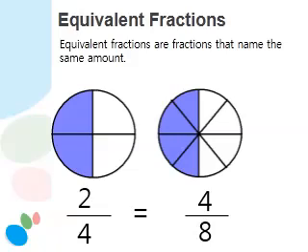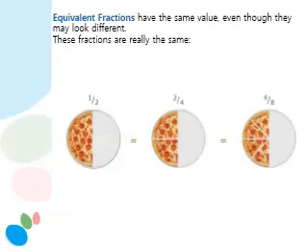So what do I mean when I say equivalent fractions? They are fractions that express the same amount. Let us take another example. As I said, equivalent fractions have different values. When I say different values, I mean different numerators and denominators, but these fractions express the same amount. This is a pizza.